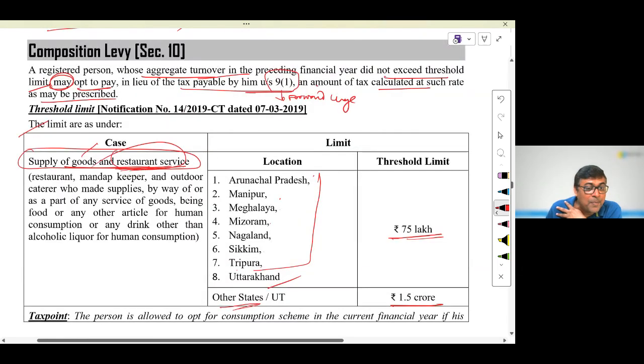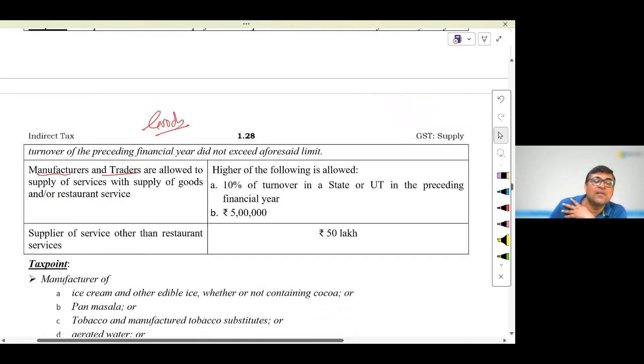If you are supplying some other services apart from restaurant services, in that situation there is a cap to provide these services. Higher of the following is allowed. This is for your services part. 10% of turnover in a particular state in the preceding financial year or rupees 5 lakh, whichever is higher.